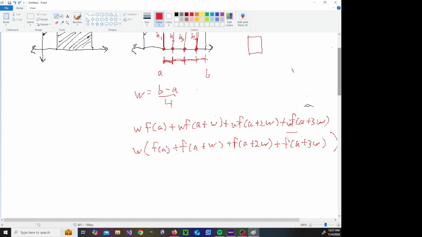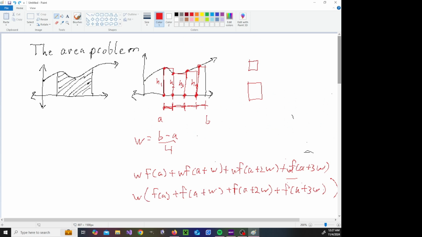Well, maybe, but I think I could make it a little bit better. What if instead of using 4 rectangles, I split this up into even more of them? So for the same function, it looks like this, and I want the shaded region here. What if instead of breaking up into 4 rectangles, I broke it up into 8?